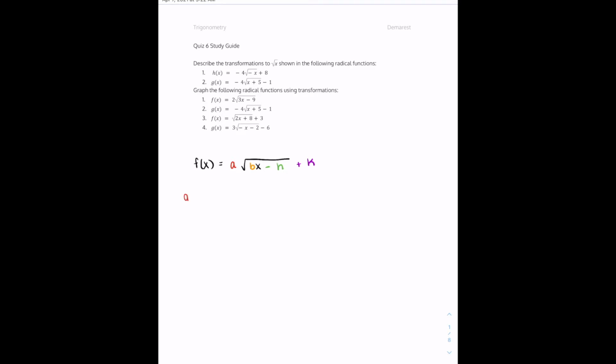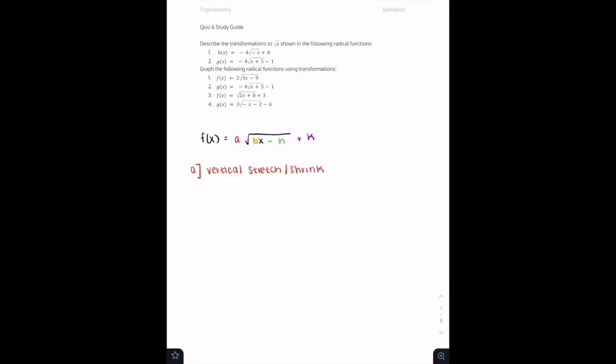So if there is a number where the variable a is, that means that there would be a vertical stretch or shrink. To know if it's a stretch, a needs to be greater than 1, and to know if it's a shrink, a needs to be in between 0 and 1.